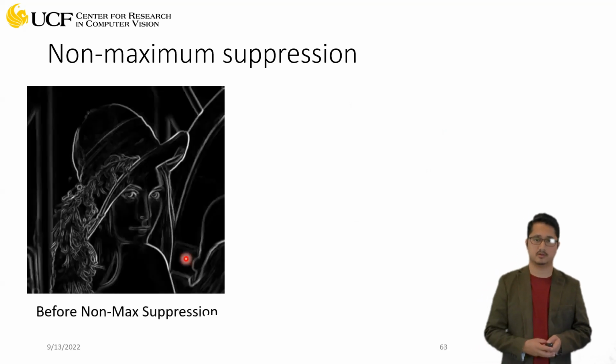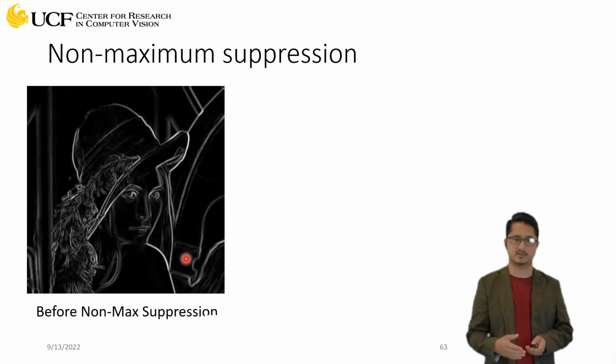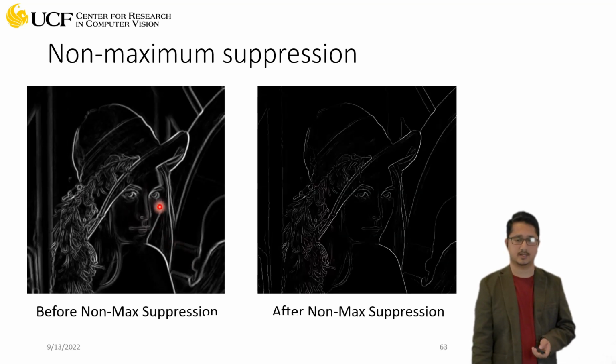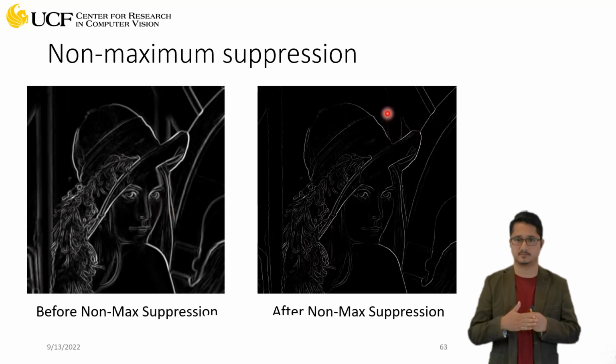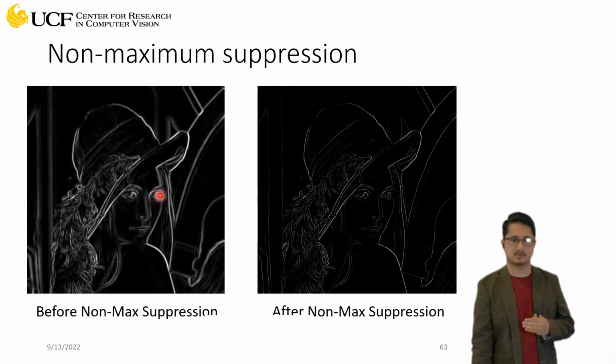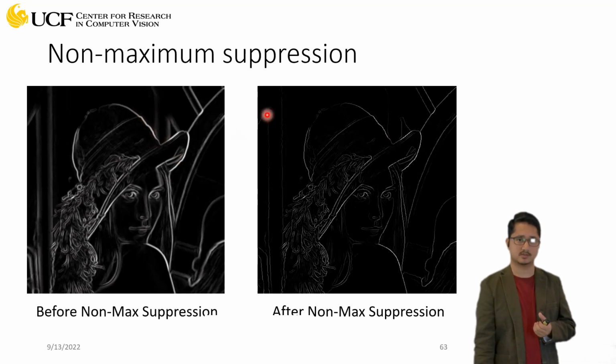Okay, so let's see how the edges will change. This is before non-maximum suppression. And after suppression, you can see what it is actually doing is thinning your edges. If you focus on the edge of this cap over here, in the original version it's kind of thick, but non-max suppression is making it thinner.